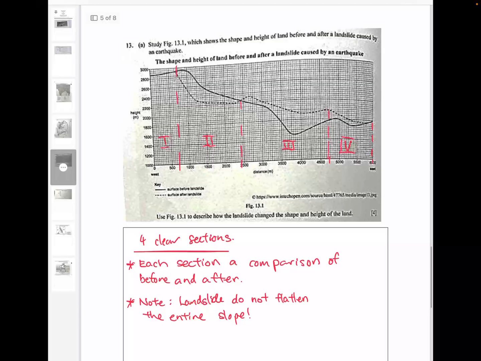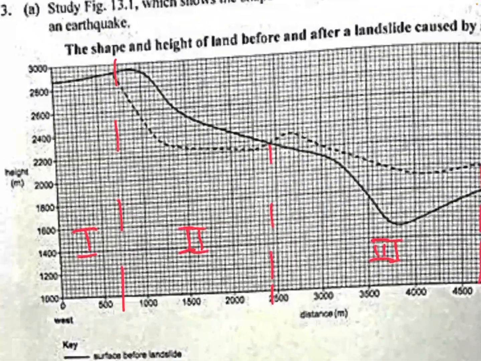I give an example for the second portion that we've highlighted here. So if you take a look with me here, pre-earthquake, pre-landslide, the drop is a rather steep gradient, falling downwards. But after the landslide, the gradient has become even worse.